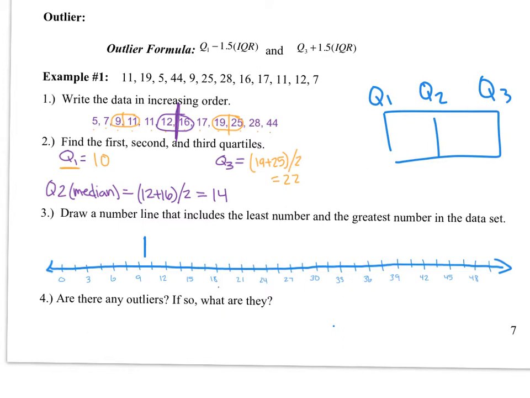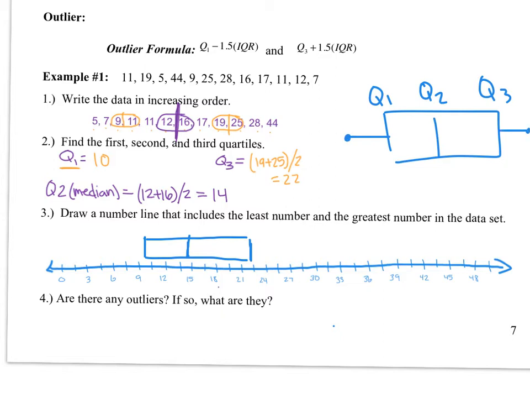Okay, and then our second quartile is at 14, so that's going to be around there, just before 15. And our last quartile, Q3, is at 22, which is going to be right around there. So then I just draw my box. And then your dots are your two extremes.